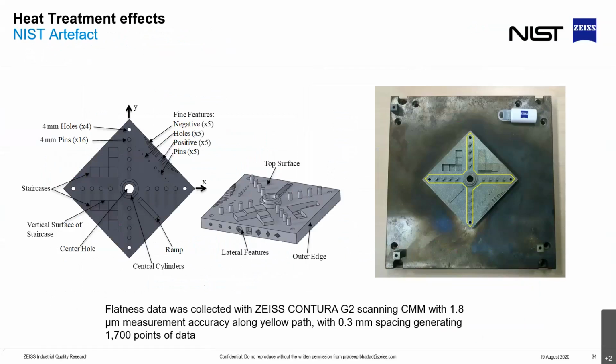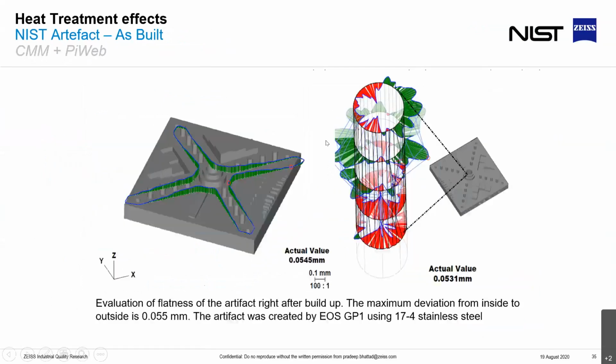Let me show you one example. This is work we have done with NIST, and what we are seeing is a build plate that was created using steel, and we measured all the features. Let's plot just two of the features here and look at how they are changing.